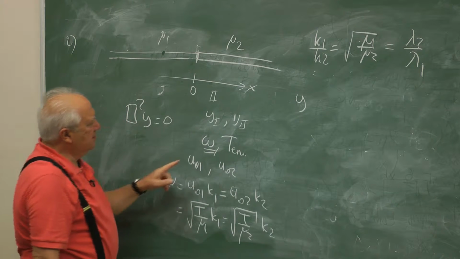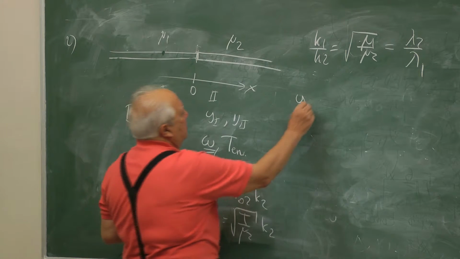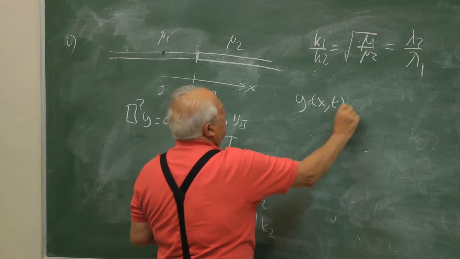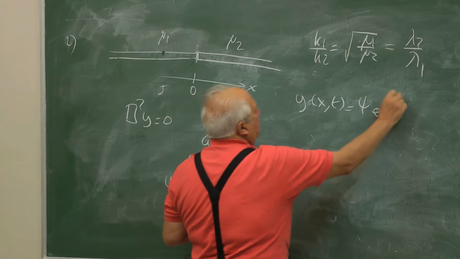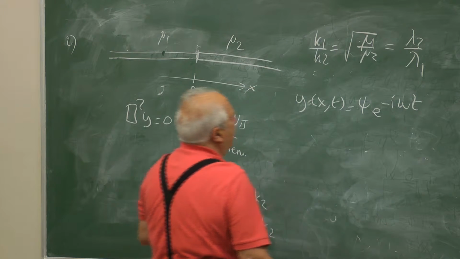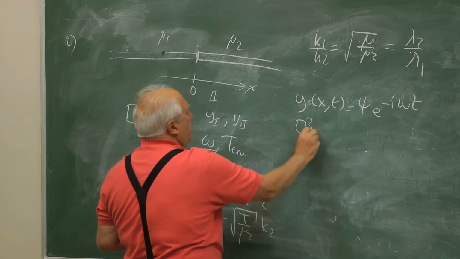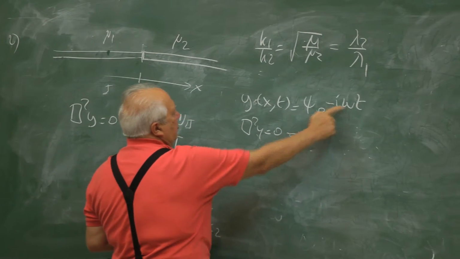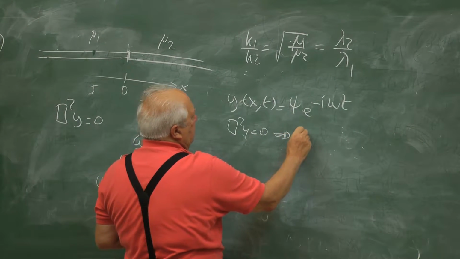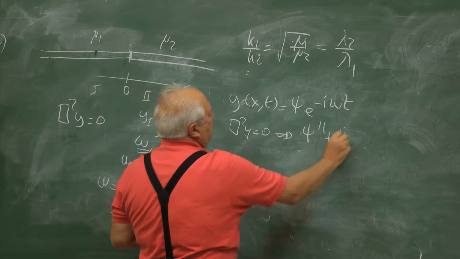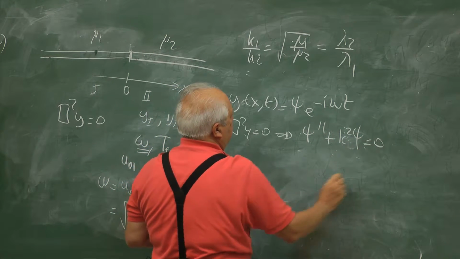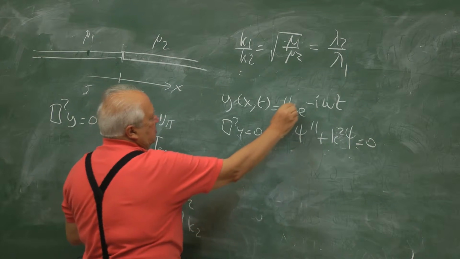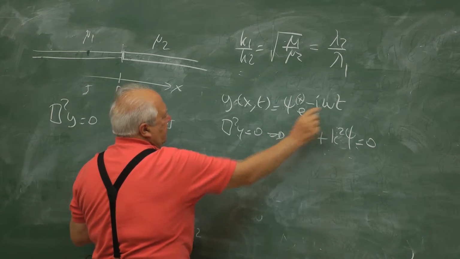Because omega is the same, we can take in both cases y of x,t equal to psi times e to the minus i omega t, and del square y equals 0 gives me an omega square. That means psi double prime plus k square psi is equal to 0. Well, I did it too quickly. This is only a function of x. This is a function of time.